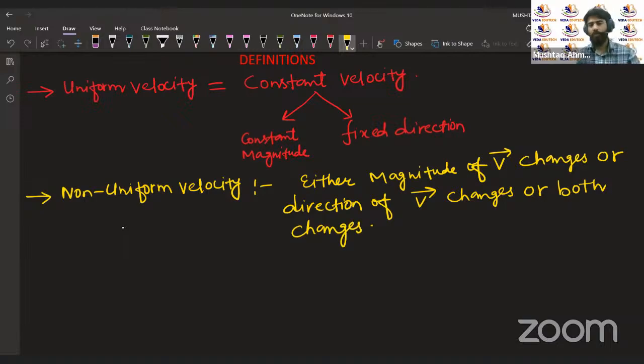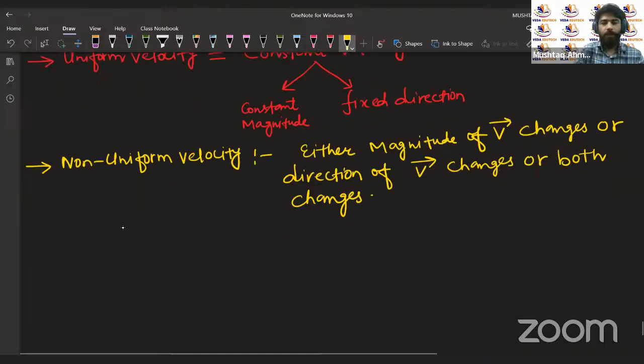So non-uniform velocity is nothing but the magnitude of velocity is changing, the direction of velocity is changing, or both can change simultaneously, right?